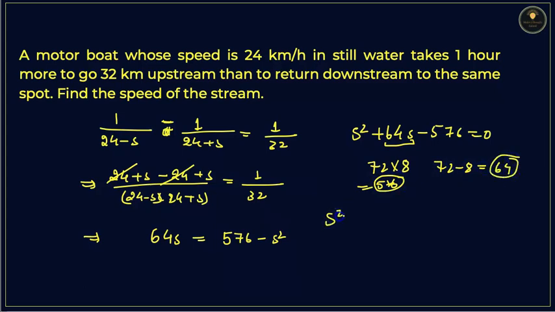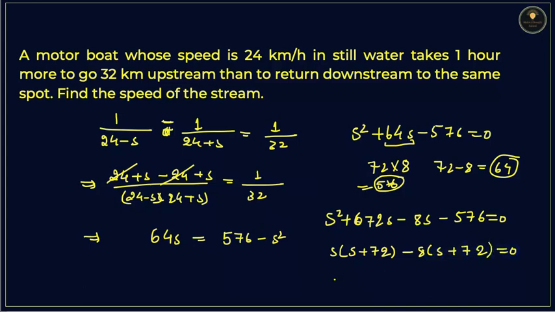So here s square is written. Here you will write this one as 72s minus 8s minus 576, which is equal to 0. So if I take s common, you will get s plus 72. Minus 8 common, you will get s plus 72, which is equal to 0.